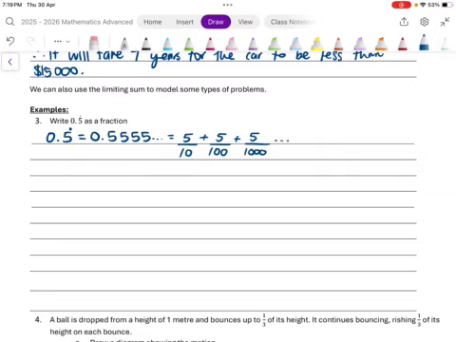Okay, so what this means is using our limiting sum formula of S equals A over 1 minus R, where we have our A equals 5/10, our R is equal to 1/10. What we have is that our S will equal 5/10 divided by 1 minus 1/10.